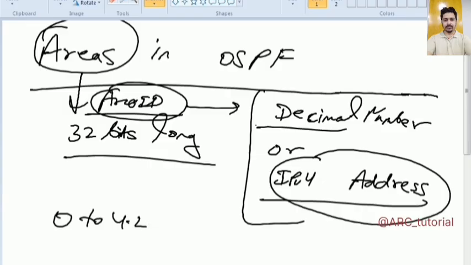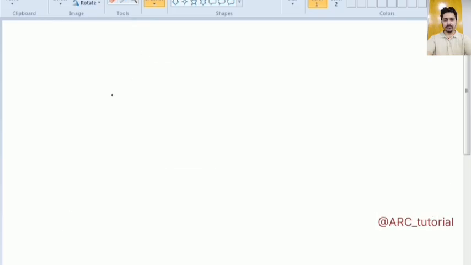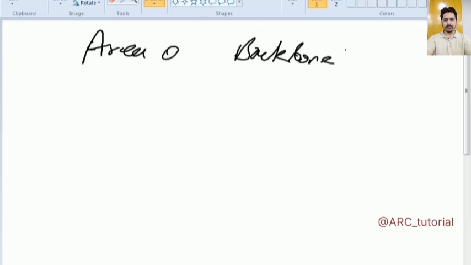Fine. And remember, if you talk about the areas in OSPF, area 0 will always be known as the backbone. You can also call it the transit area.